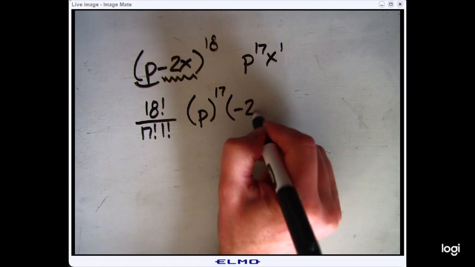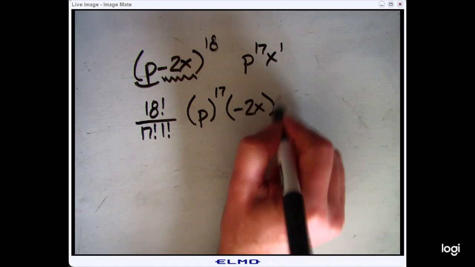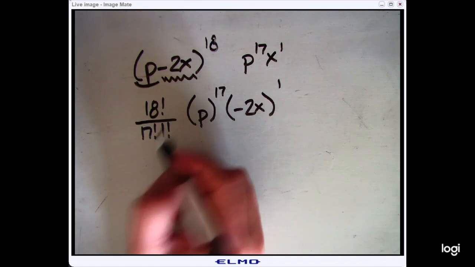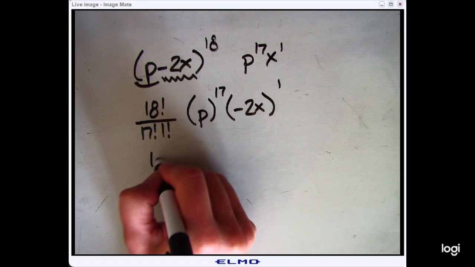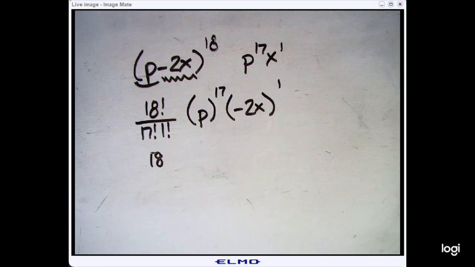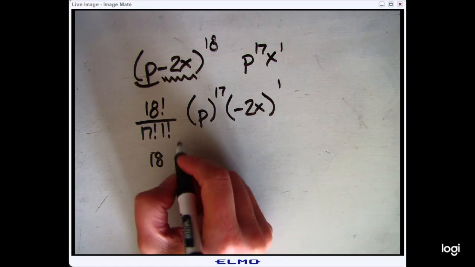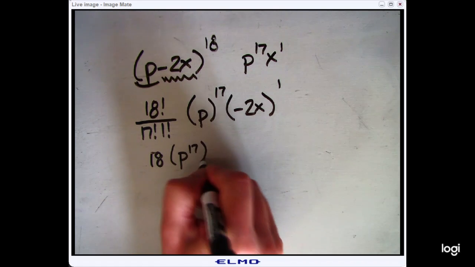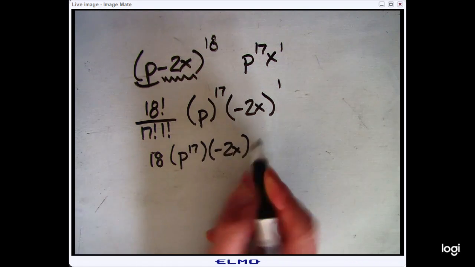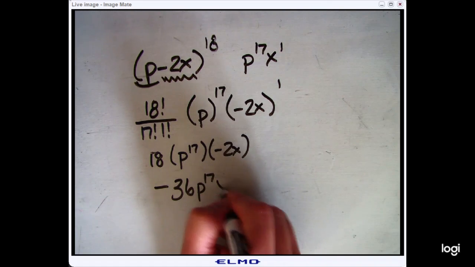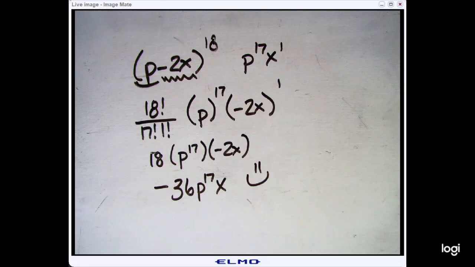So negative 2x raised to the 1st. I know 18 factorial will cancel down from 17 with the 17 factorial. And then this would be times P to the 17th, negative 2x. And I get negative 36 P to the 17th x. We'll do one more problem and call it good.